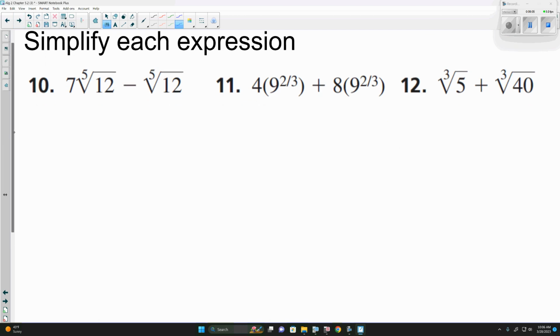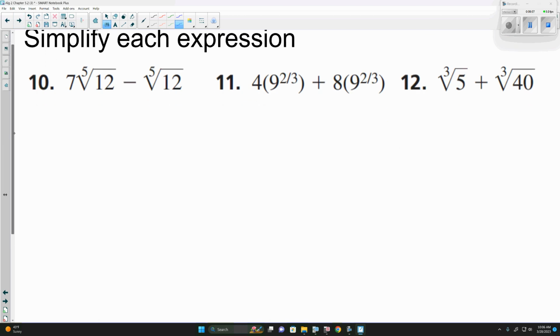All right, guys. So let's look at number 10. 7 fifth roots of 12 minus the fifth root of 12. It's going to be what? 7. Oh wait, minus. Yeah. Minus 1. 6 fifth roots of 12.